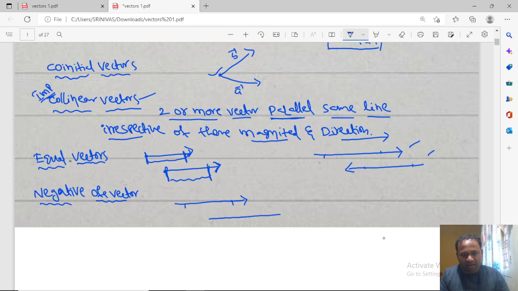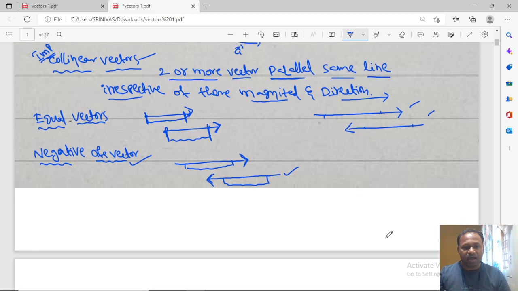Then the vector having the opposite direction with the same magnitude is the negative of the vector. So the opposite direction should be there and the magnitude should be the same.